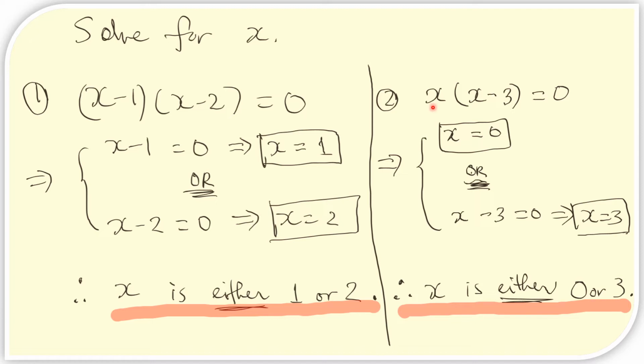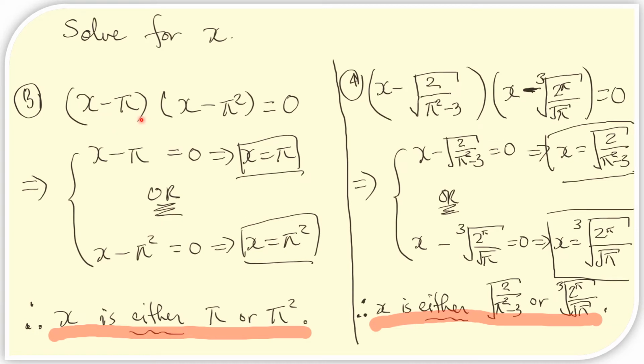For the equation x times x minus 3 equals 0, we have this factor equals 0, or this factor must be 0. This is easy because it's already a solution. Here, we just have to add 3 to both sides so that this negative 3 will be gone. And so on this side we are left with x, on the other side we are left with 3. Therefore, x is either 0 or 3.